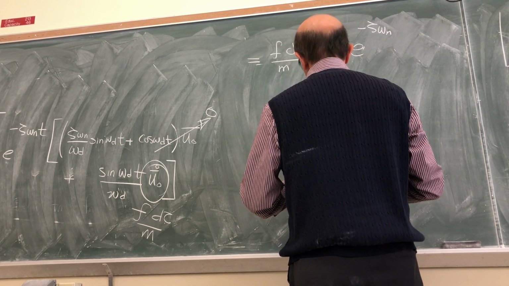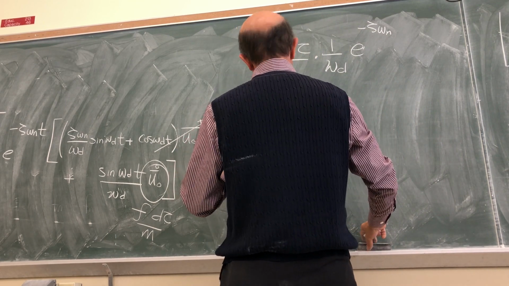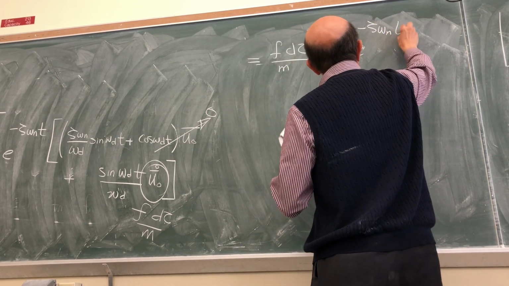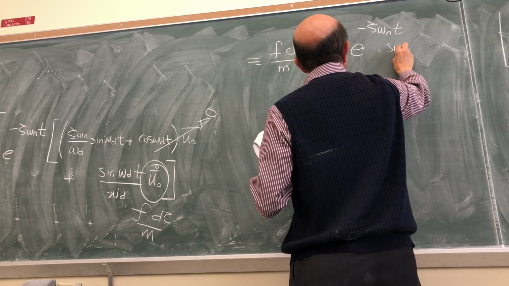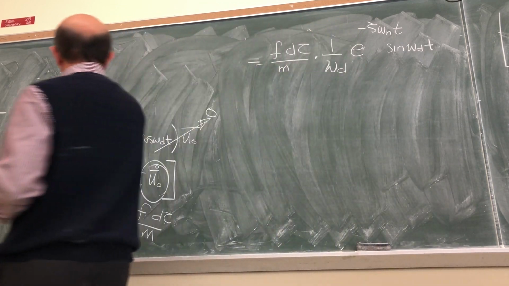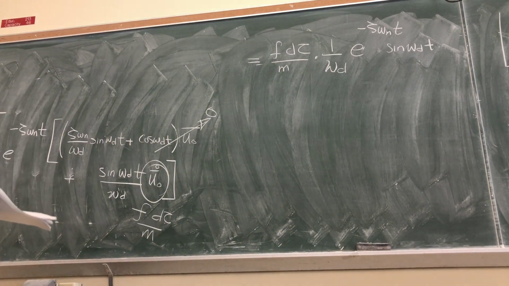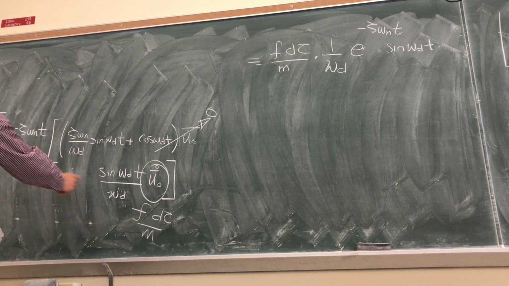I would write it like that: F d tau, e to the minus zeta omega n t, sine of omega d t. So I just rewrote this in a different way. So this is the initial velocity, and so on.